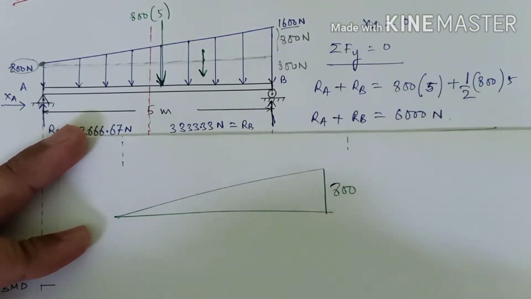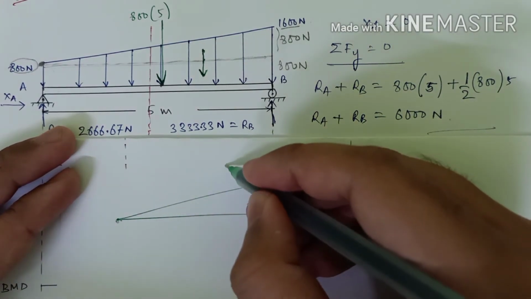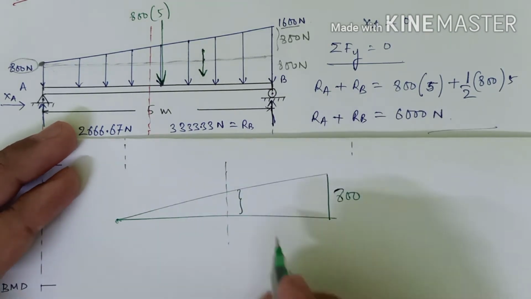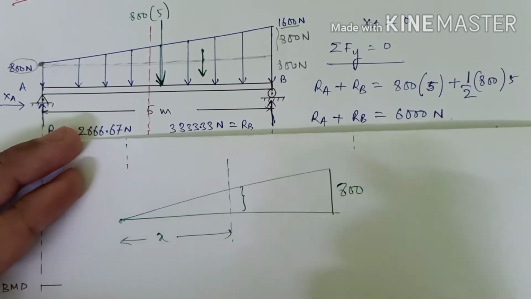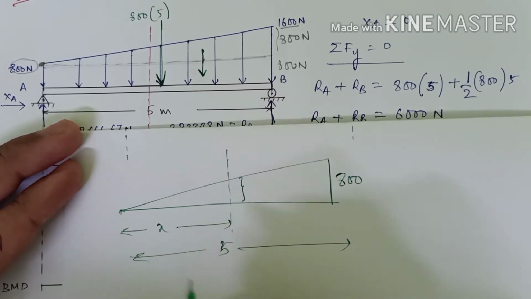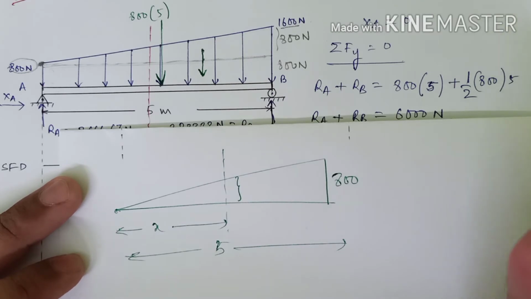This is 800, and we have cut this section somewhere here. So basically we need this length. This one is x, the distance from the origin, and the total is 5 meters.